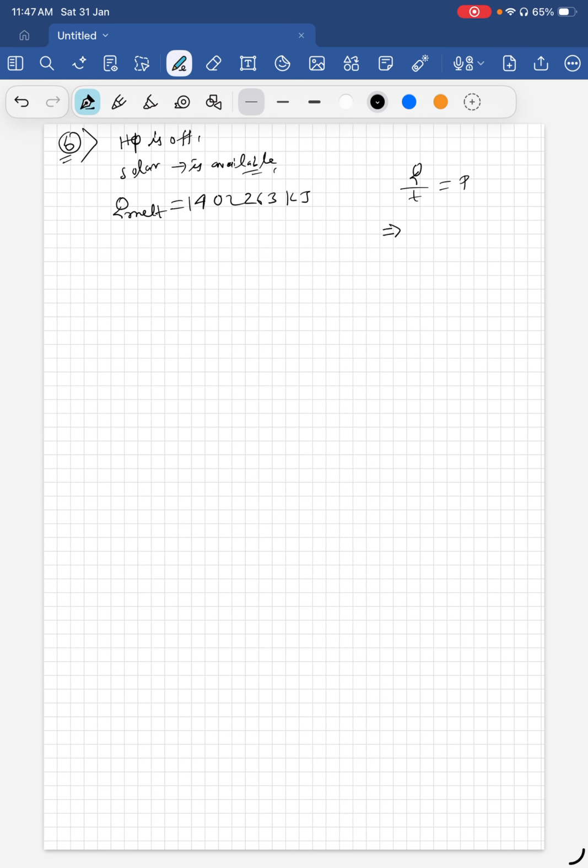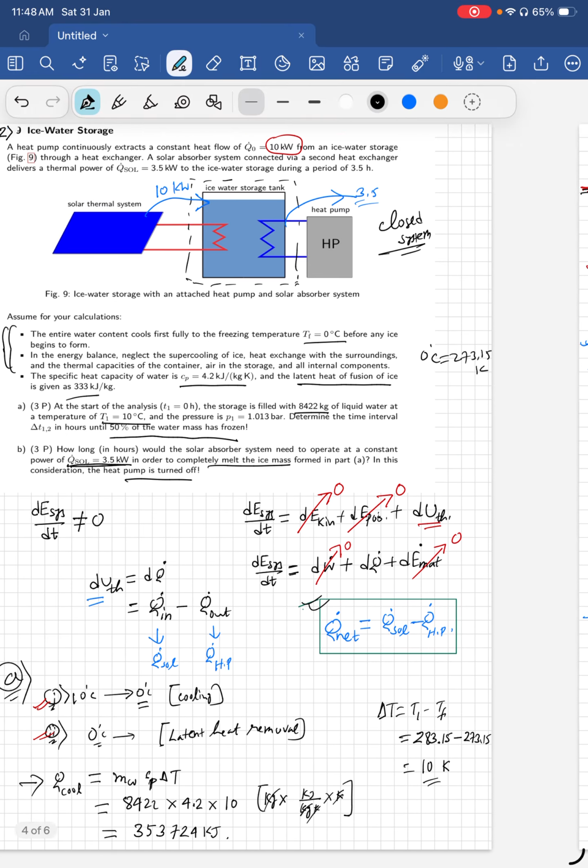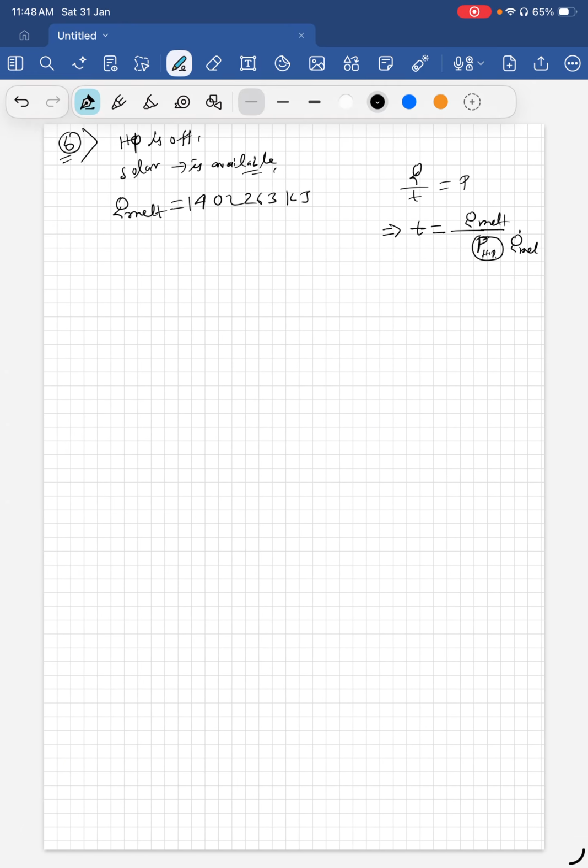So we have to calculate the time. So time will be Q melt energy upon the power, Q dot solar. So the time will be 1402,263 divided by 3.5 kilowatt.